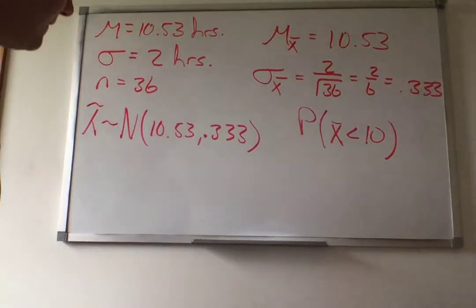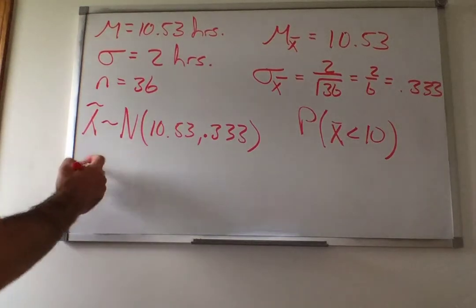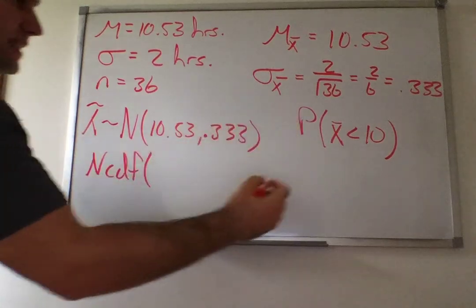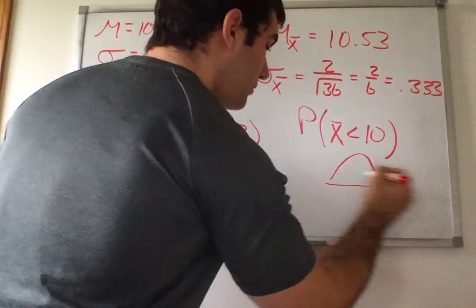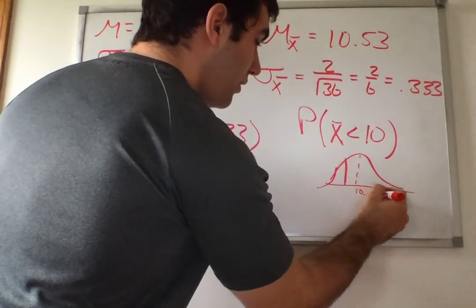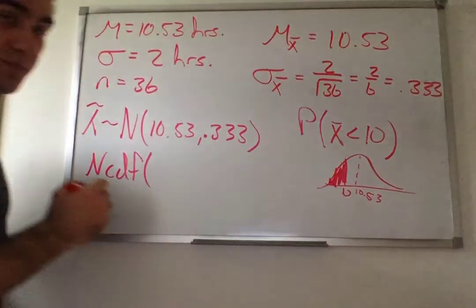Okay? So now we just do what we've been doing. Normal CDF. Now, less than 10, if I were to draw a picture, right there's the mean. This is 10.53, so 10 is somewhere over here. Less than 10 is somewhere over there.